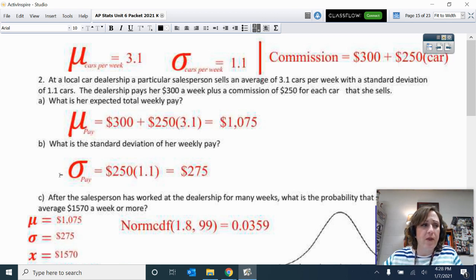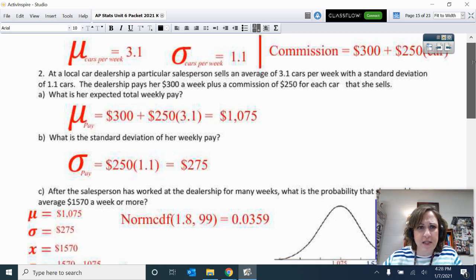You should remember that every time you are using standard deviation, you should stop and think, because there's got to be some special rule happening. So remember, standard deviation always has special rules. Such a diva. Okay, and remember that addition is not changing the standard deviation, so no plus 300. So the variability in her pay is 275.